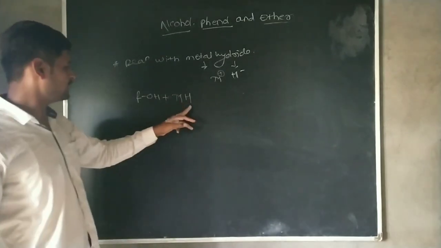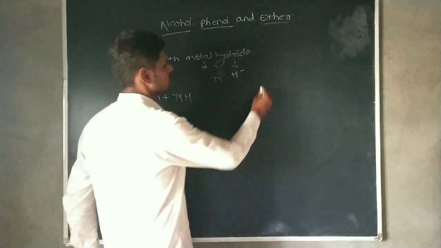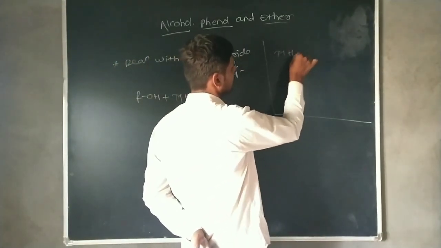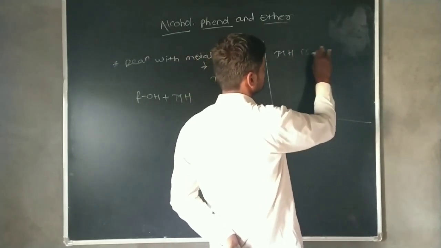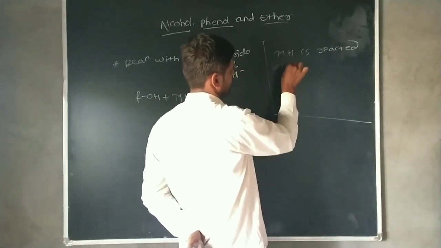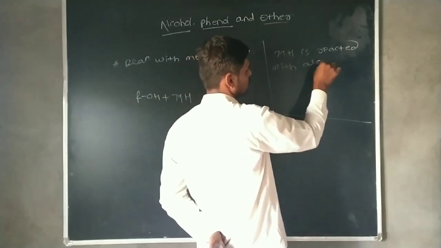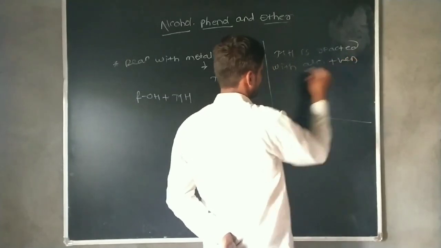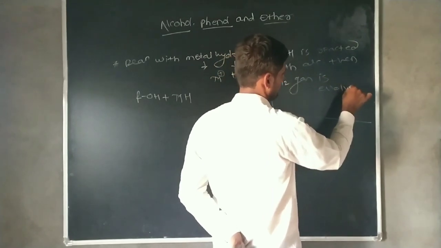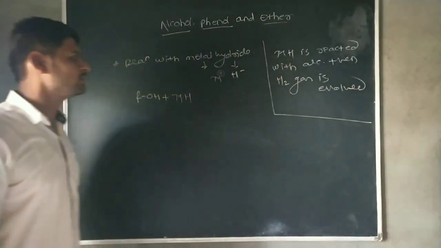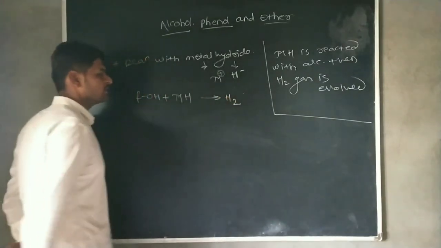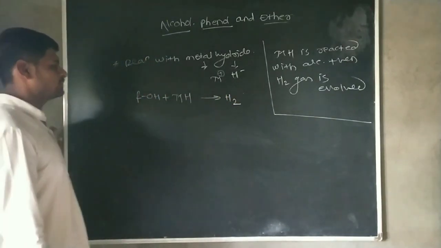When metal hydride is reacted with alcohol, then H2 gas is evolved. That means the hydrogen gas should be eliminated, it should be evolved.